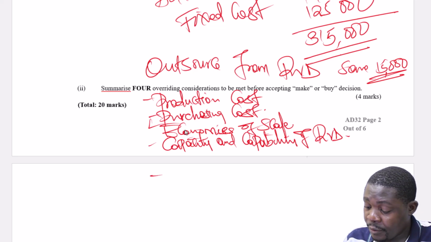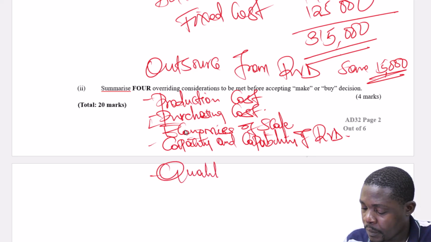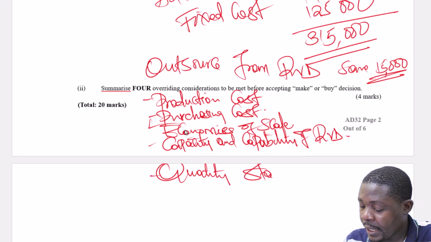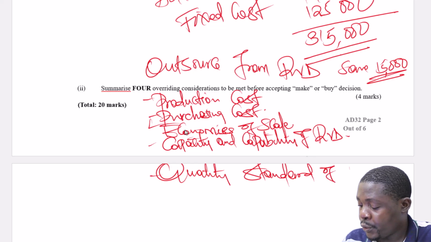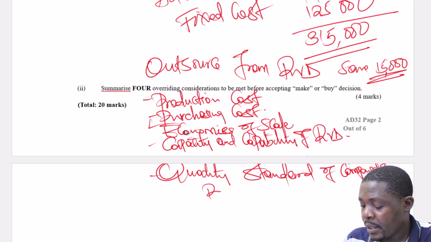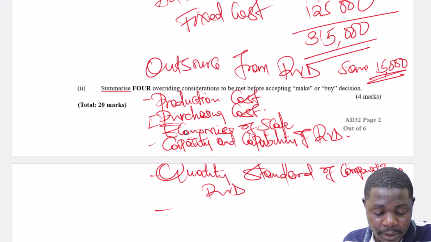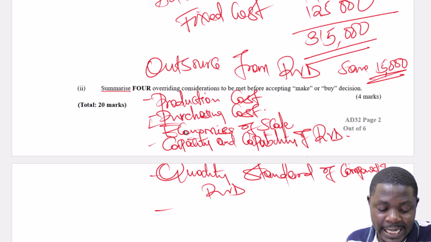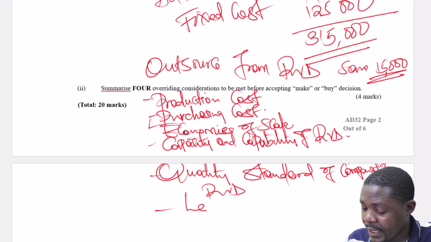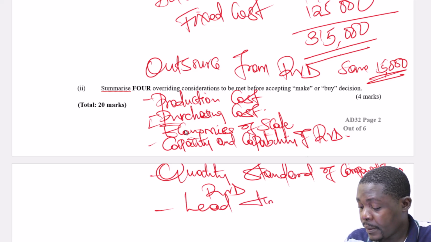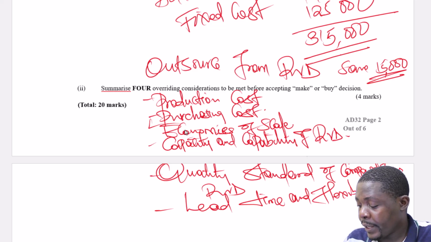Also, another thing you have to put into consideration, the quality standards of material produced by RVD, of component from RVD. Another thing you can look at is the lead time and flexibility.